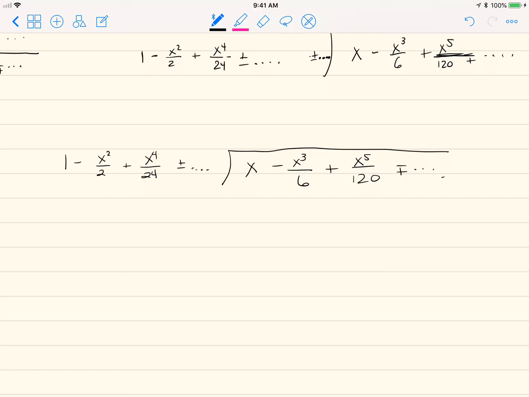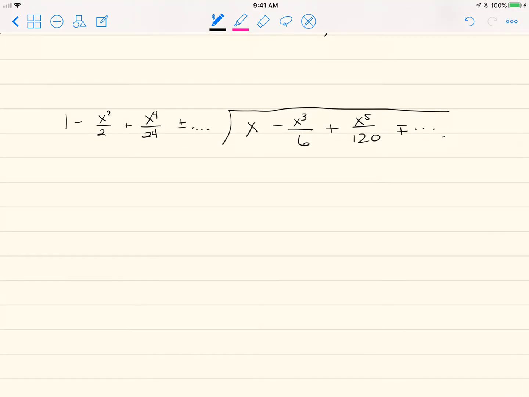Okay, so first task is to see how many times 1 goes into x. X. Now I take x and I multiply it by all of these terms. So x times 1 is going to give me x. X times negative x squared over 2 is going to give me negative x cubed over 2.